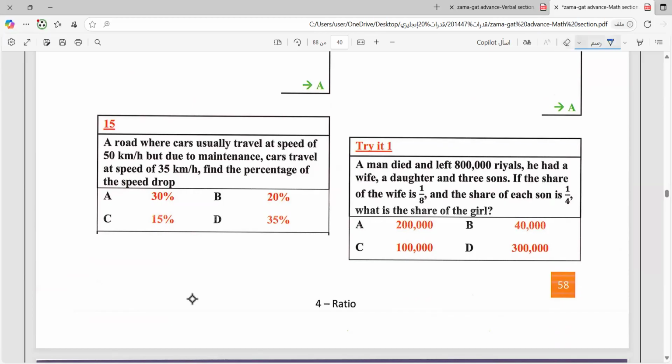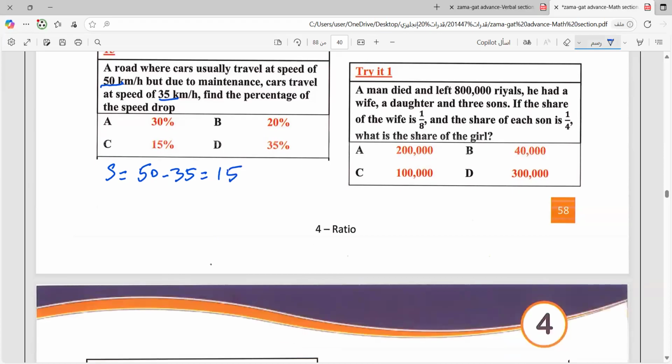So we have to subtract 35 from 50 first, to find the speed drop. 50 minus 35 is 15 kilometers per hour.